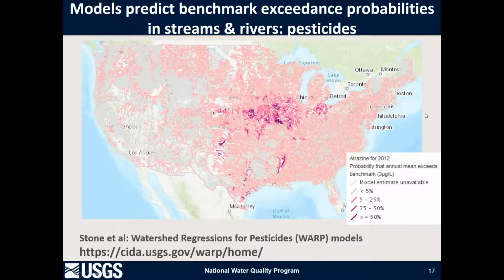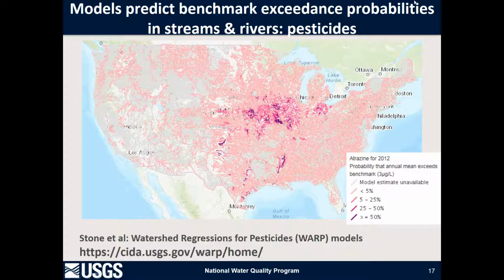A couple of other models, which I'll just touch on, are ones that were designed to map benchmark exceedance probabilities in a spatial context. The first one is based on a model called WARP, Watershed Regressions for Pesticides.